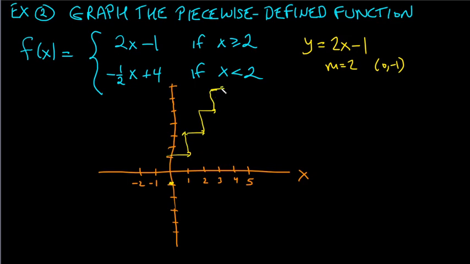So the rise is 2, the run is 1, right? 2 over 1. And that's going to give you all these points here. And so the line looks something like this.